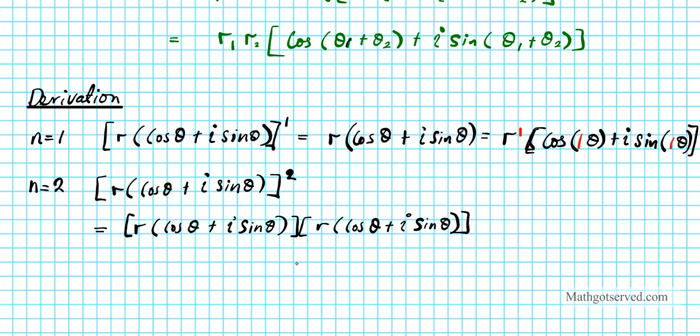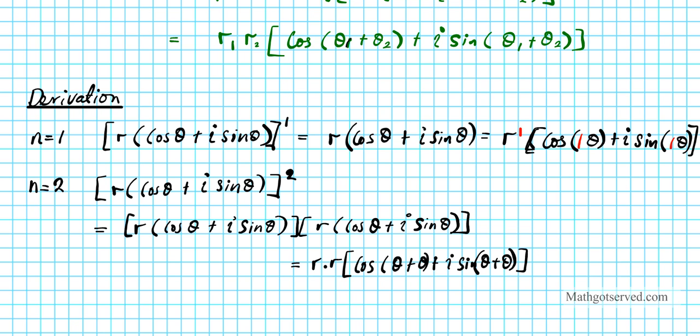That's going to give us r times r, times bracket cosine of theta plus theta, since we add in the same angle twice, plus i sine of theta plus theta, and then parentheses.